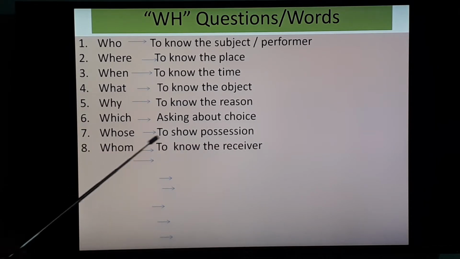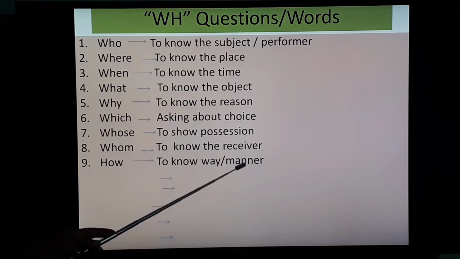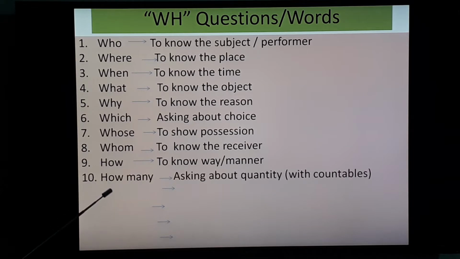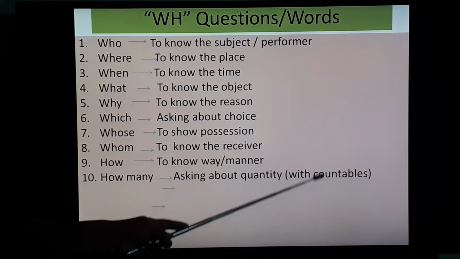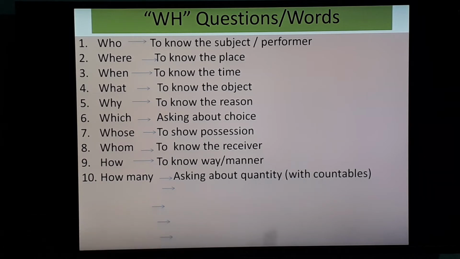Whom is used to know the receiver. How is used to know the way or the manner. How many. If you want to use how many, you can use it only with countable nouns. Countable nouns means the nouns which can be counted.